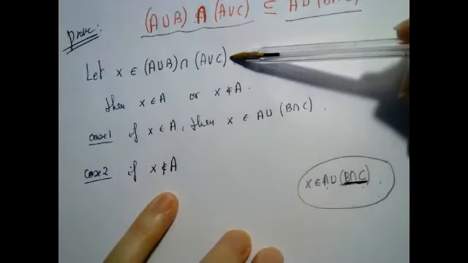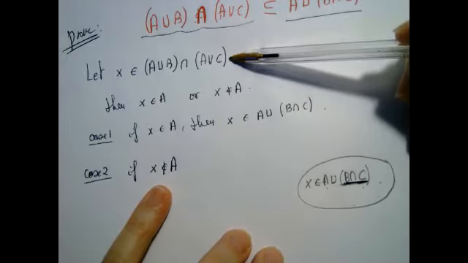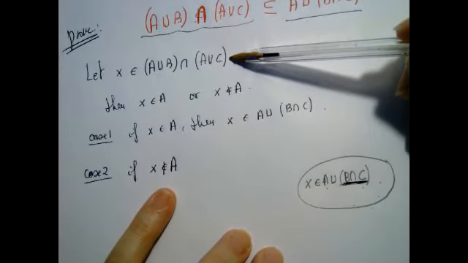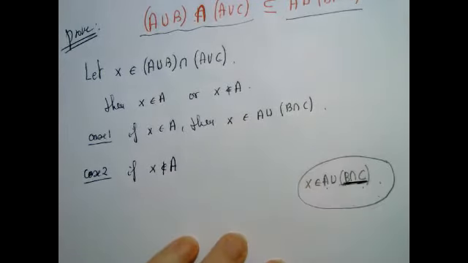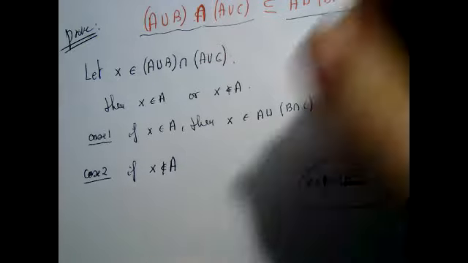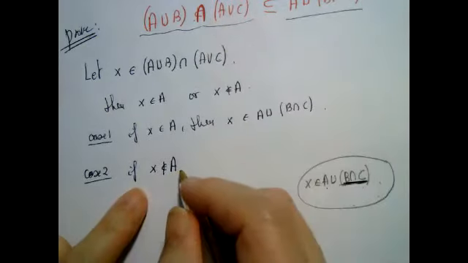Remember what your X is. If X is not in A, then X is in B intersect C, right?